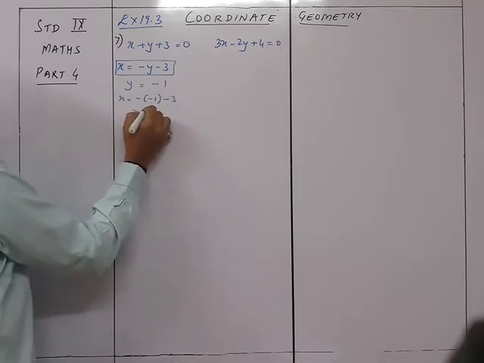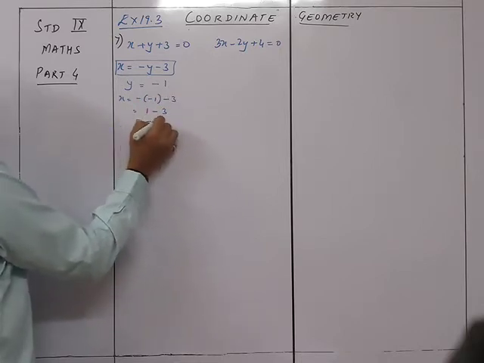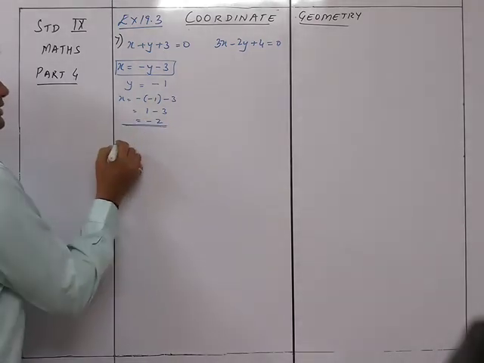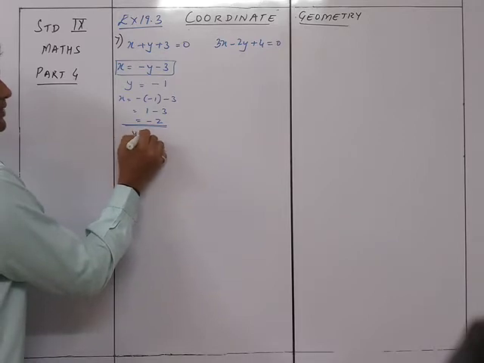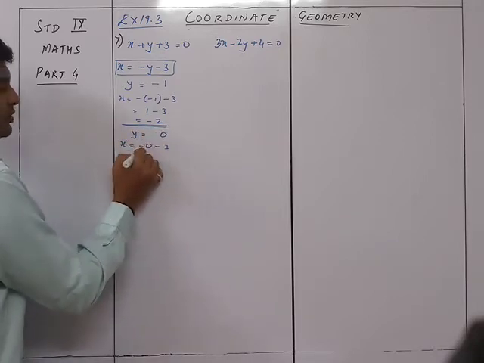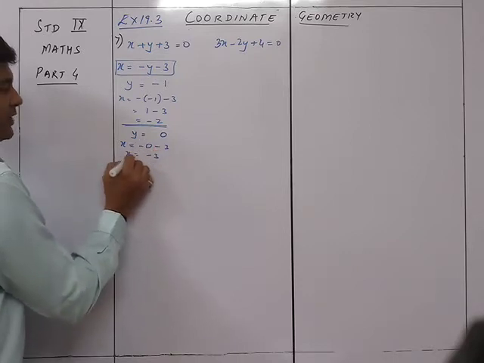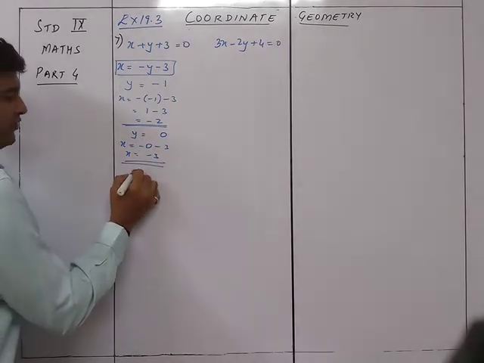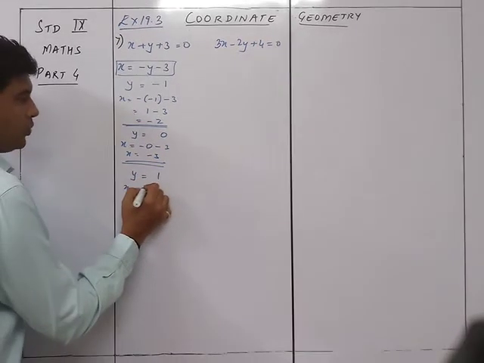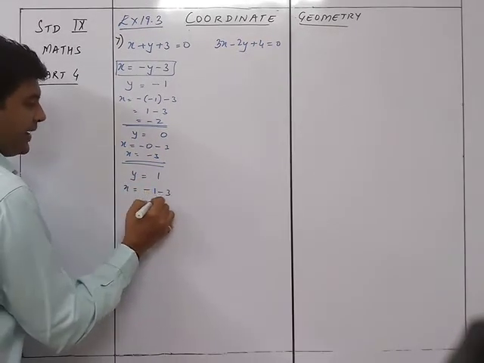So that will be equal to 1 minus 3 is equals to minus 2. Okay, that's the first thing. The second one is y is equals to 0. Then x is equals to minus 0 minus 3 is equals to minus 3. So that will be the second thing. And if y is equals to 1, then x is equals to minus 1 minus 3 is minus 4.